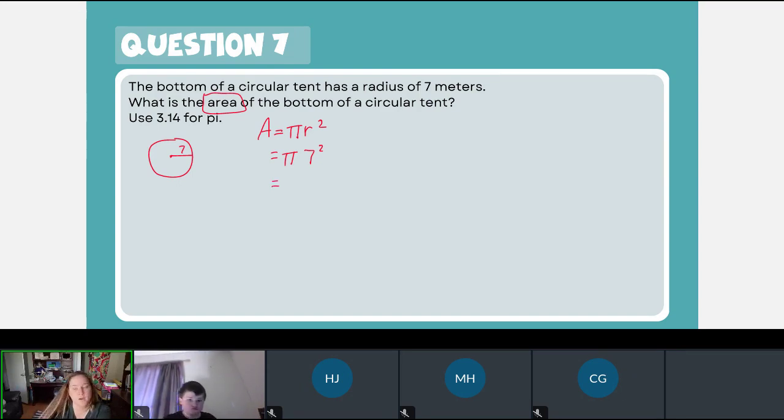What is 7 squared, or 7 times 7? Good, Skylar. Skylar knows her multiplication facts. So pi times 49. So somebody do 3.14 times 49 and tell me what you get. Pi times 49. Very good. 153.86.